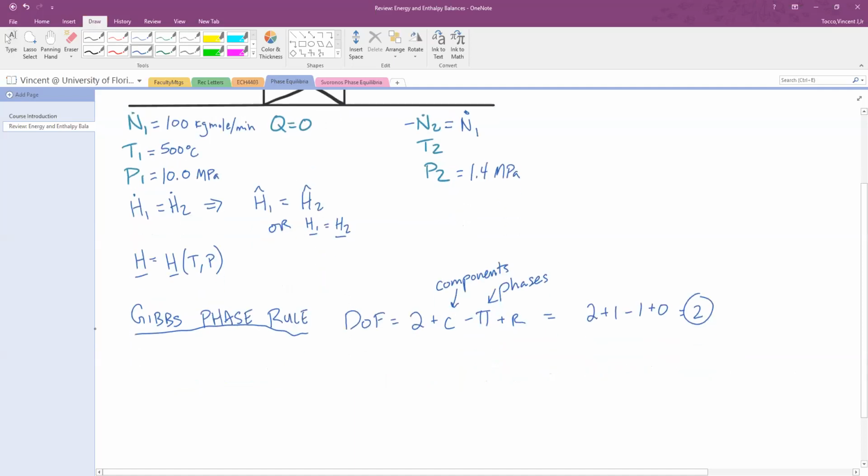So that tells us that I have to specify 2 intensive variables to specify the system. This implies that if I specify 2 intensive thermodynamic properties, then all other intensive thermodynamic properties are therefore specified as well. Still getting used to writing with this tablet.